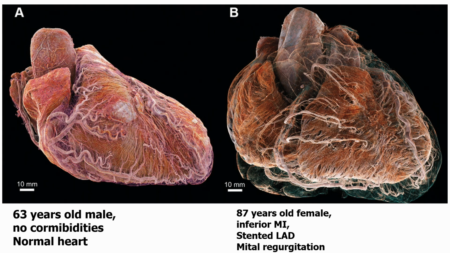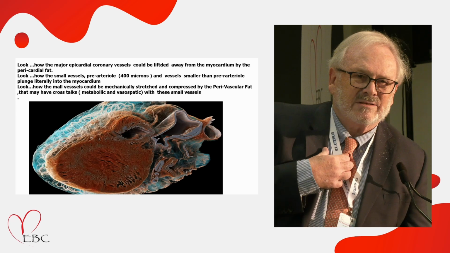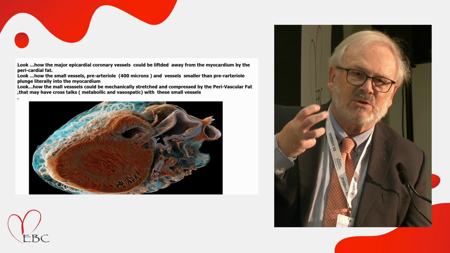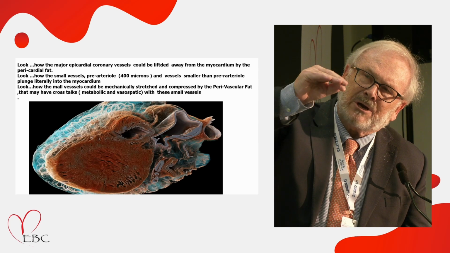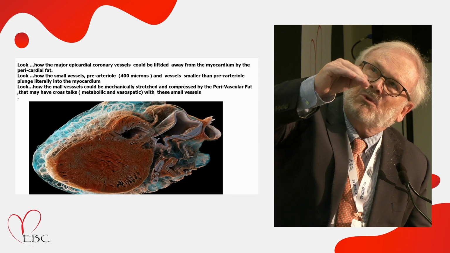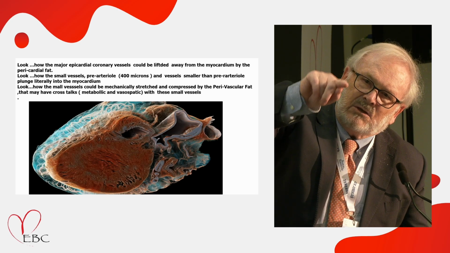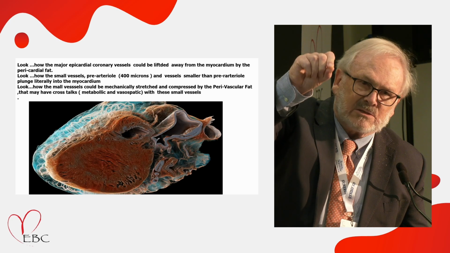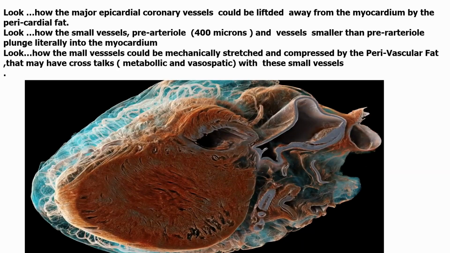What I never realized, and conceptually it's something new in my brain, is that you could have this coronary artery lifted away from the myocardium. If you calibrate that, you can see that all these small vessels are arterial, 400 micron and even less.